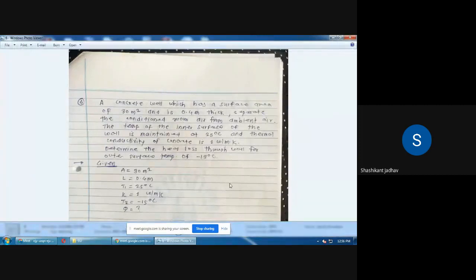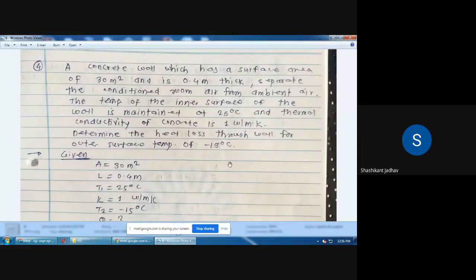Okay, so write down this problem, the last problem on the Fourier's law of heat conduction.